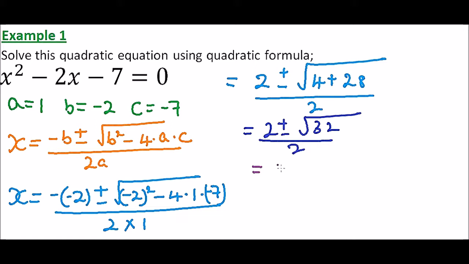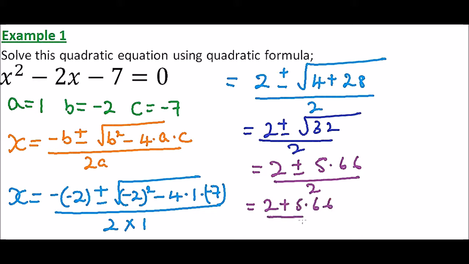So we say our x is 2 plus or minus 5.66 divided by 2. So this gives us 2 plus 5.66 divided by 2, or 2 minus 5.66 divided by 2.